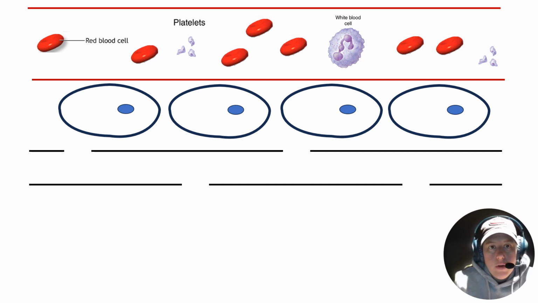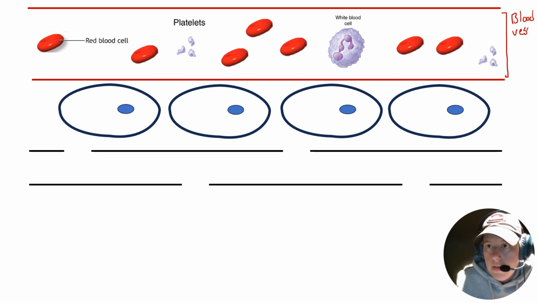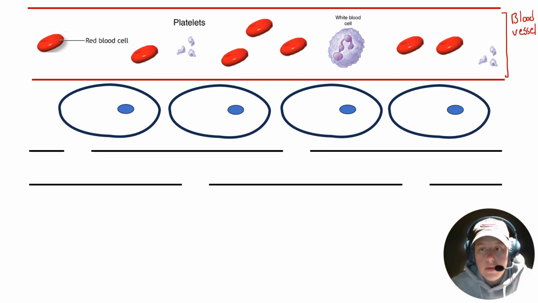If we look at the top of our screen, we can see that this right here is a blood vessel. We know that it's a blood vessel because of some of the things that we have in it. We have our red blood cells, which we can identify because, one, they're red.